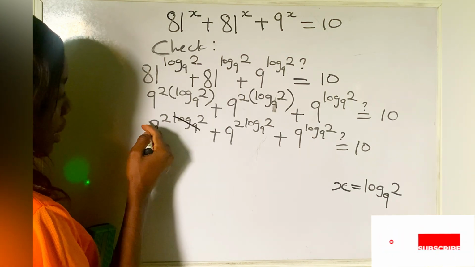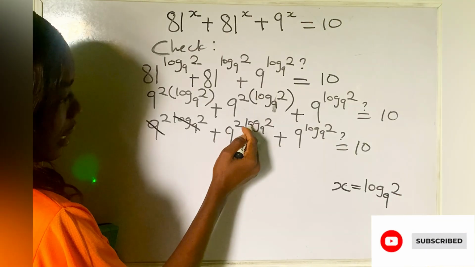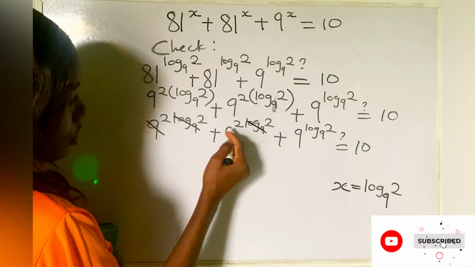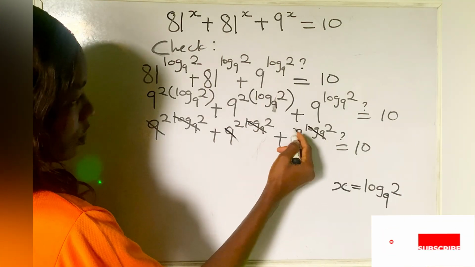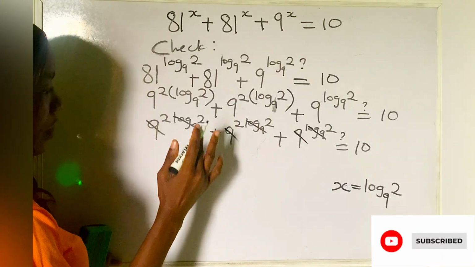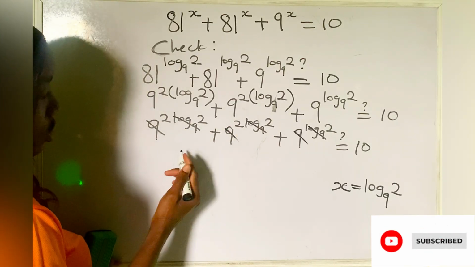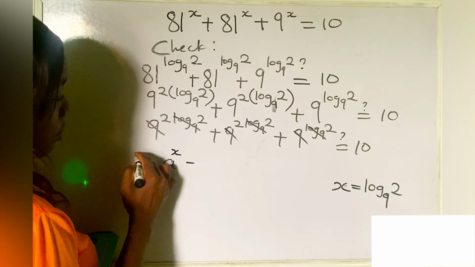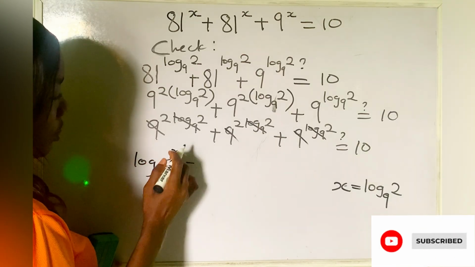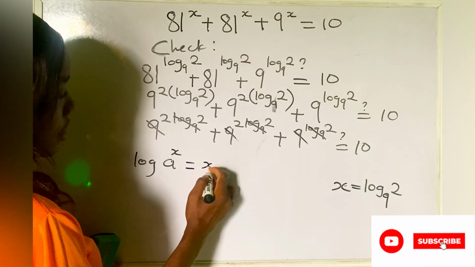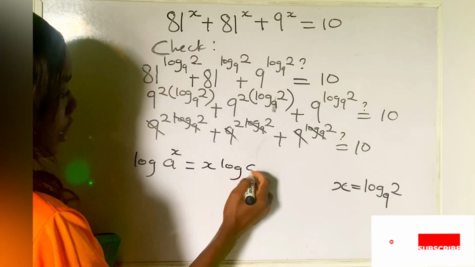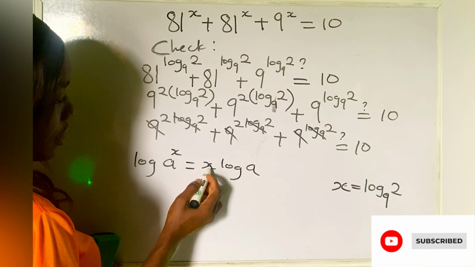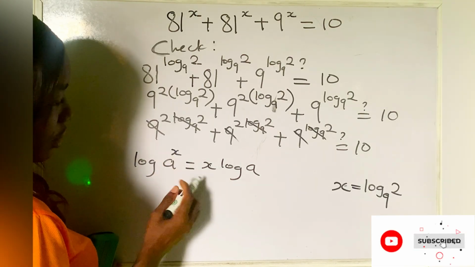Now this would cancel this, and this would cancel this, and this would cancel this. Now remember, when you have something like log a to the power of x, it is equal to x log a. We see that this x was formerly the power of a.